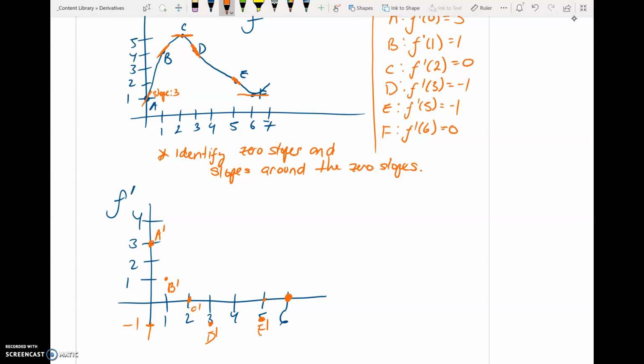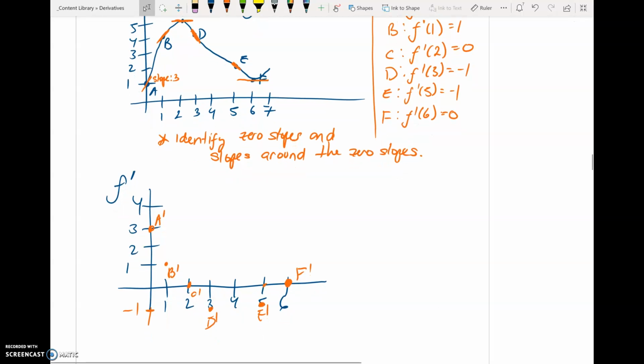So we have D prime, E prime, and then F prime here. And then we can just connect the overall general shape. And that would be it for f prime.